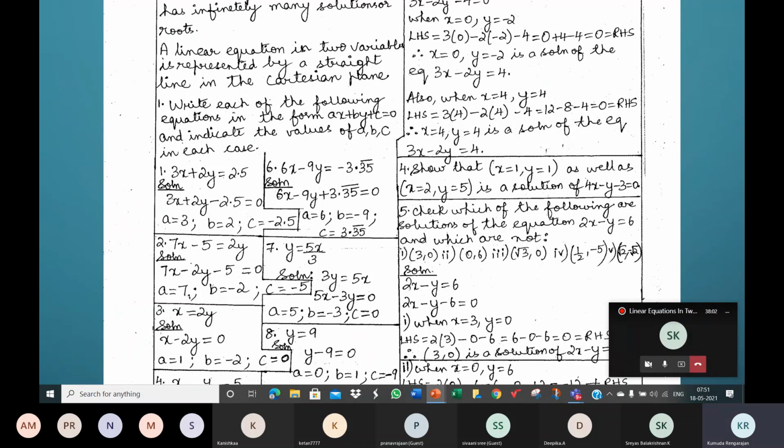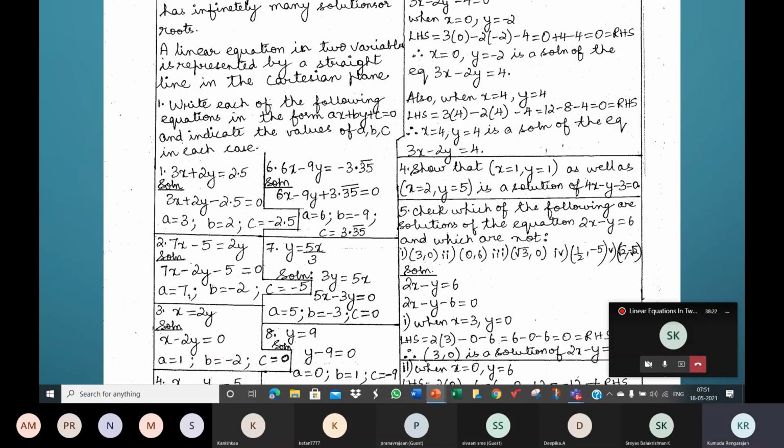So I said, consider the equation 5x is equal to 3. Writing it in the standard form, it would look like 5x minus 3 is equal to 0.